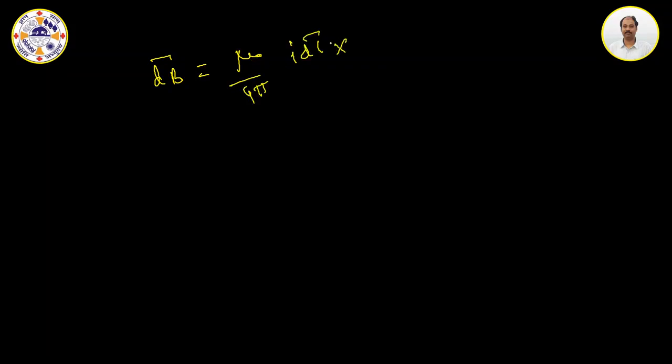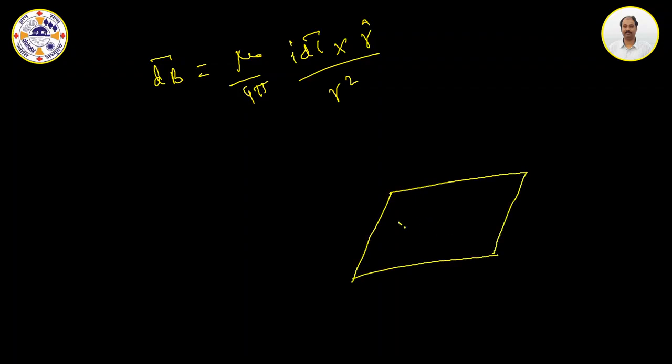then you can think about the direction of dB. This is the field point P and say this is r. So this is the direction of dB.